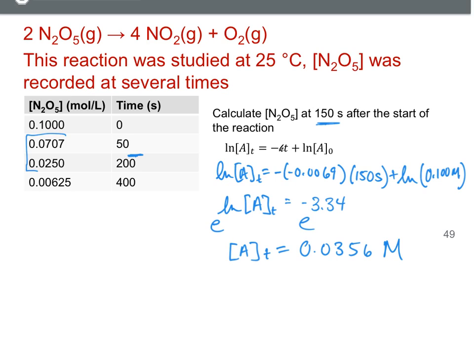Yes, you could derive another equation from this, for our first order reaction like we did previously.